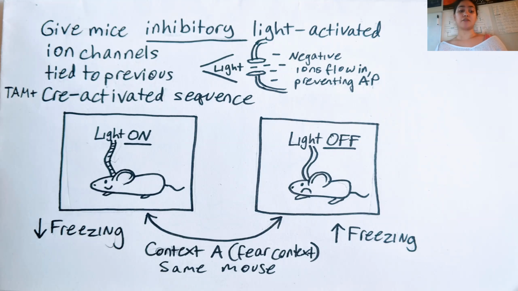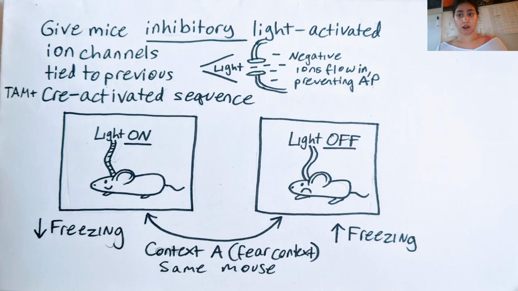So 2 weeks after being given the contextual fear conditioning, mice were put back into the fear-inducing context A, but with the fiber optic cables that could inhibit the neurons that were tagged during the fear memory consolidation inserted into their hippocampuses. So the first 3 minutes of reintroduction to the context A had the light on.